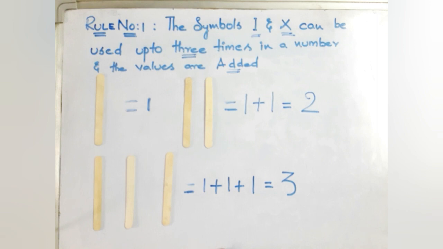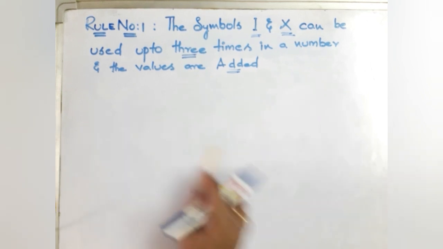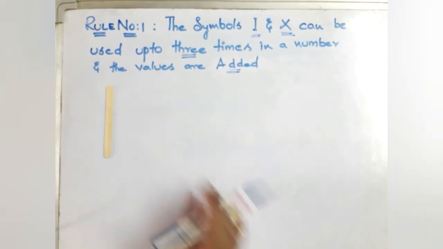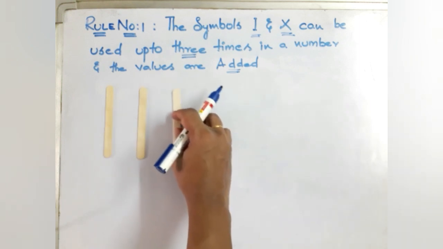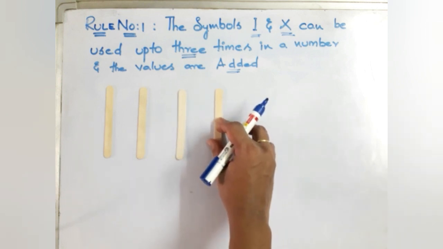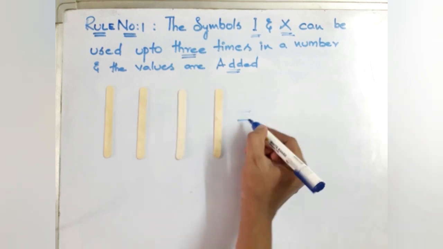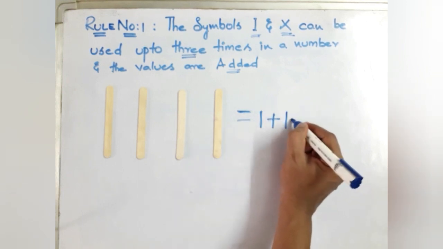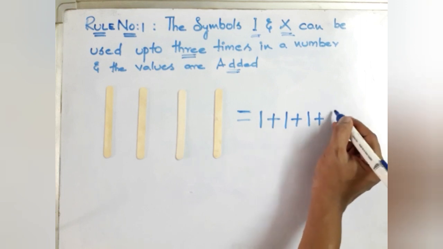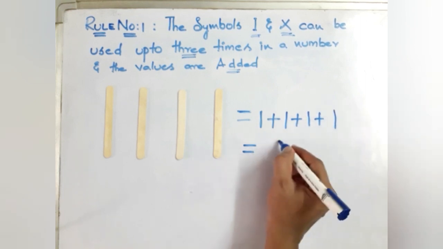But what they are saying is, instead of 3, if you put 4 I's, that is going to be wrong. I will show you. Look. If we want to write 4 like this, what should this be? 1 plus 1 plus 1 plus 1, which is 4.